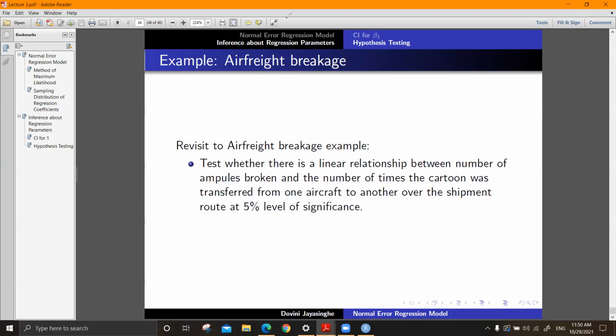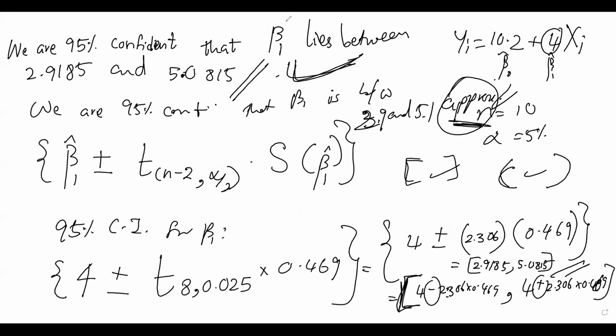I'll tell you what this really means, because we can simply do the calculations, but you have to get the idea behind this. So basically our model is yi is equal to 10.2 plus 4 times xi. So they're asking you whether this model is significant or not, right?